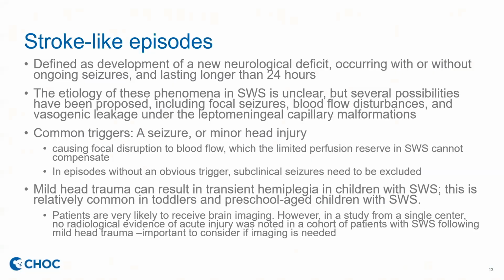Let's see. So then going to stroke-like episodes, what does that mean? It is a neurological symptom that lasts from 10 minutes to half an hour to an hour, and sometimes even longer than a day. I think the most common, what I've seen in my patients, is one-sided weakness.